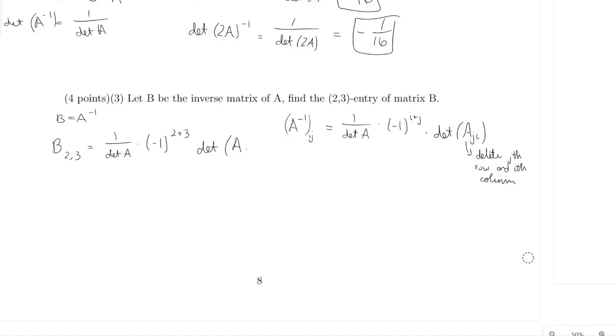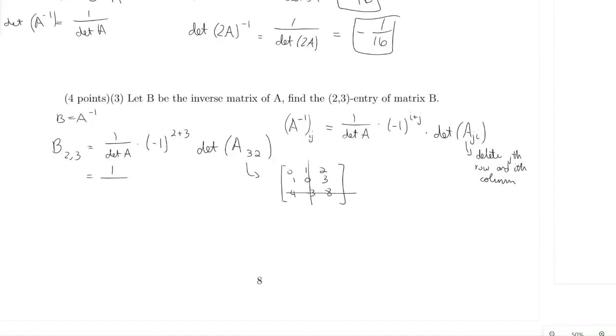In this case, that would be the third row and second column. So A originally is 0, 1, 2, 1, 0, 3, 4, -3, 8. And we're getting rid of the third row and second column. We're left with 0, 2, 1, 3.